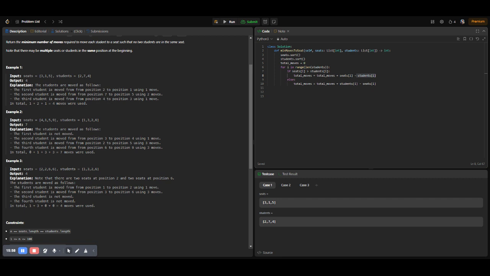So here the total number of moves we have to perform is 7. See, here is the 7. Also for example 3, we just return the total moves.